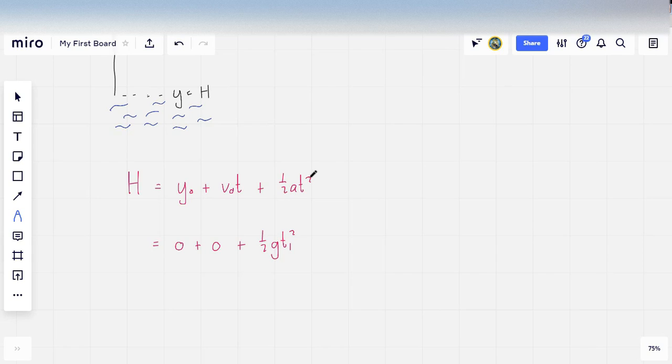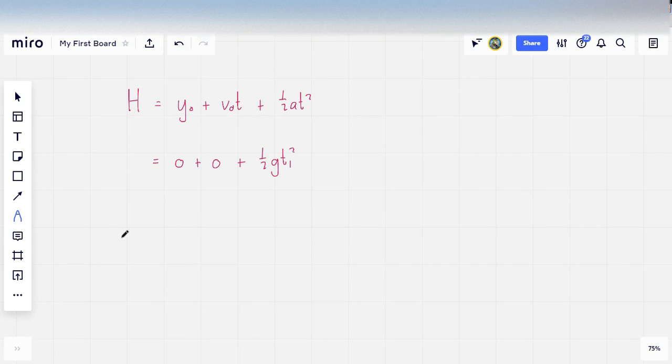Now for the sound wave, we can use a constant speed equation, since the sound wave travels at a constant speed. So the speed of sound, Vs, is equal to the distance covered delta x over delta t. And this is the height of the cliff.